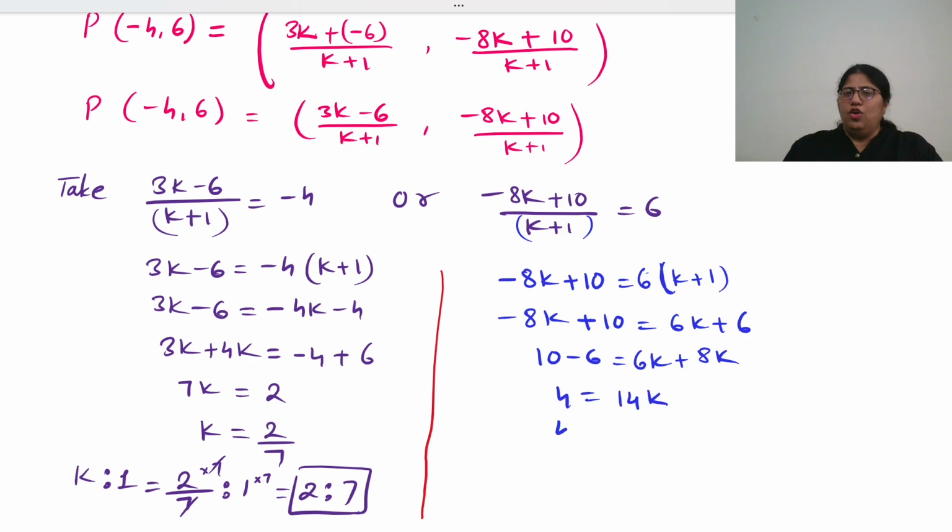So 4 by 14 equals k, which is 2 by 7. See, here also you are getting 2 by 7.